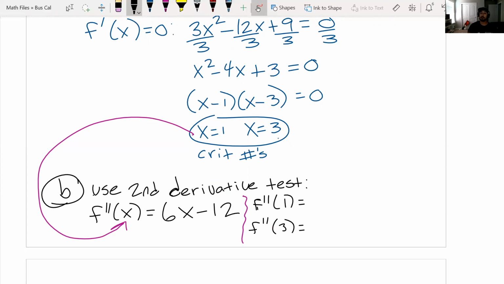You're taking your critical numbers, plugging them into the second derivative, and I'll tell you what the output means. Hopefully we don't get a 0. Oof. So you get 6 times 1 minus 12, that gives me negative 6. And then 6 times 3 minus 12, we get 6.